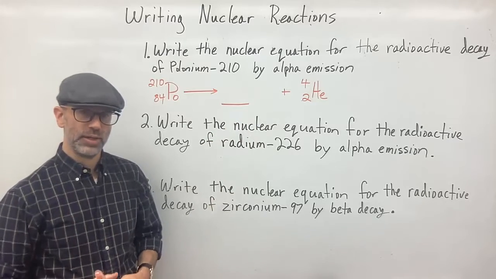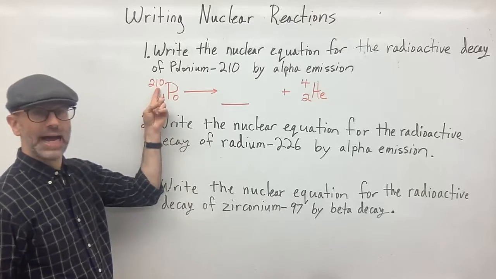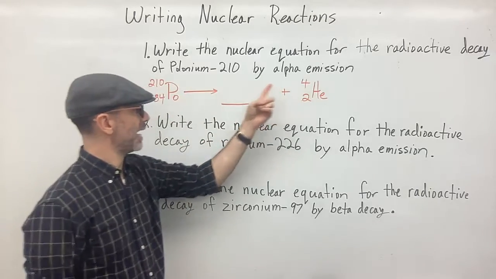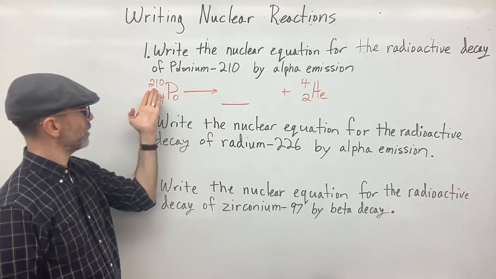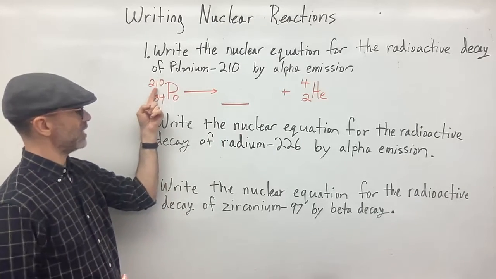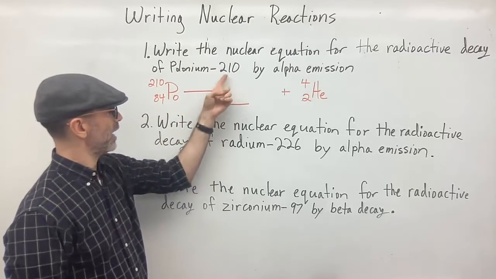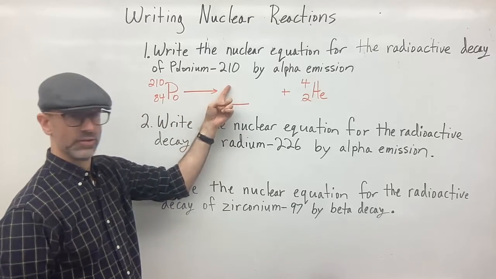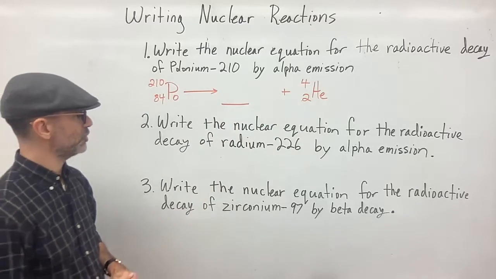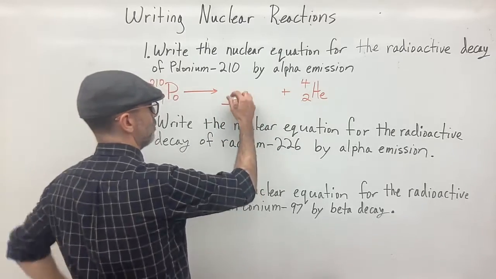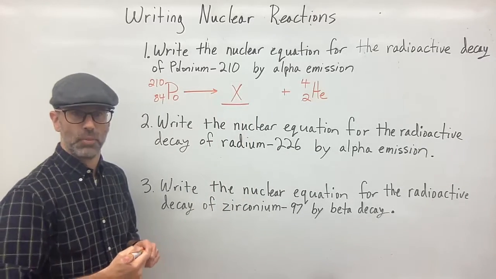The way to do this is to remember that the top numbers on both sides always add up to the same number. This side has 210 on top, so whatever this value is plus 4 has to equal 210. Let's say I put in x. X is some element; we'll figure out what x is in a moment.